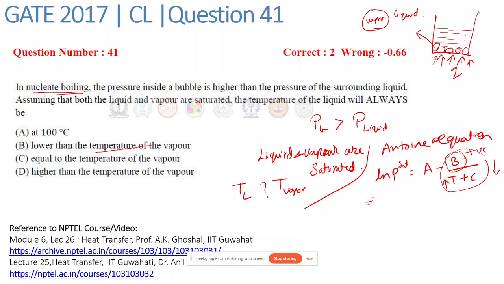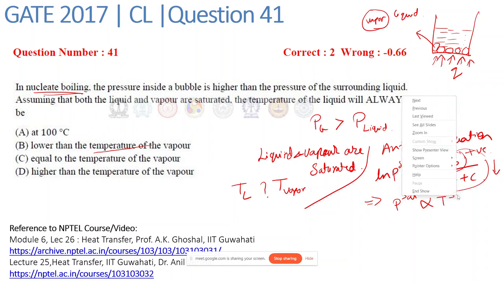So from here, P sat is proportional to, wait a minute, if this increases this term decreases, and this term will increase. So P sat is proportional to T sat.